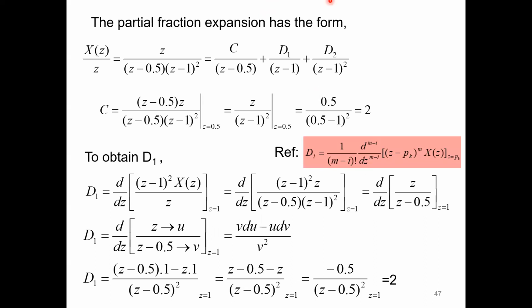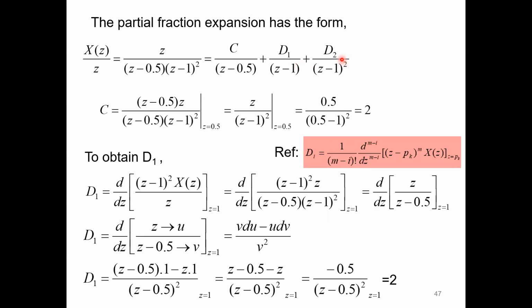So how do you do that? This is how we write when there is a repeating pole. C over z minus 0.5. This is the first one. The first pole is 0.5. The repeating pole is at 1, repeating twice. So you have to write down D1 over z minus 1, as in the usual case of non-repeating poles.